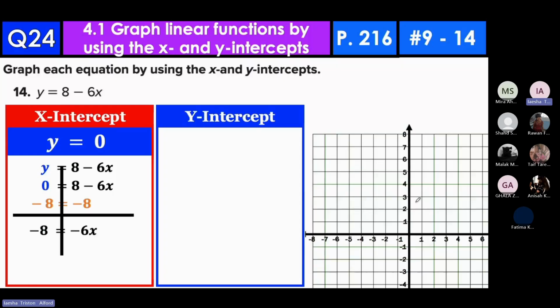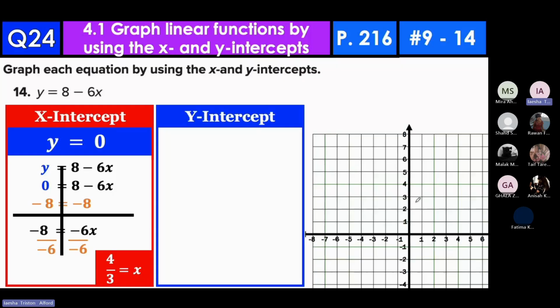You get this. Then divide negative 6 both sides. You get positive 4 over 3 is equal to x.